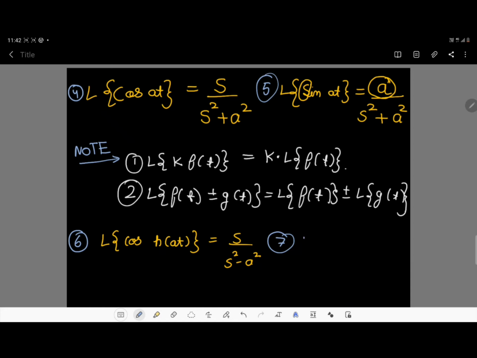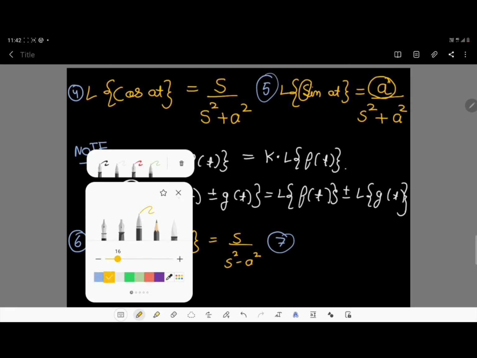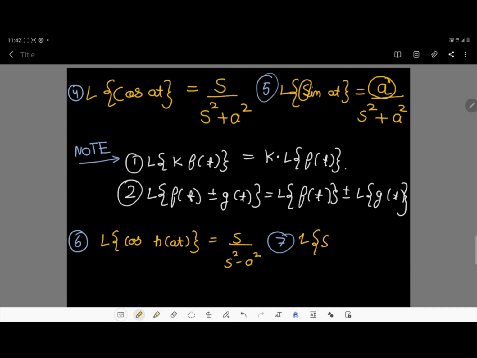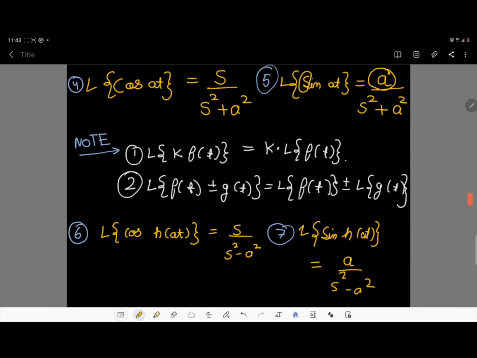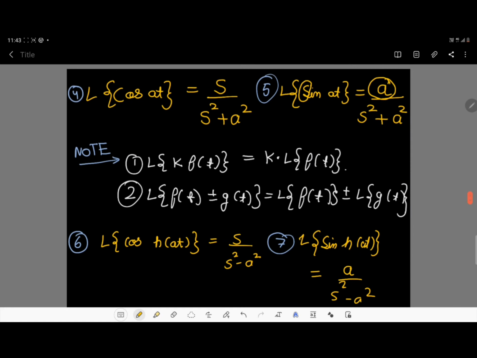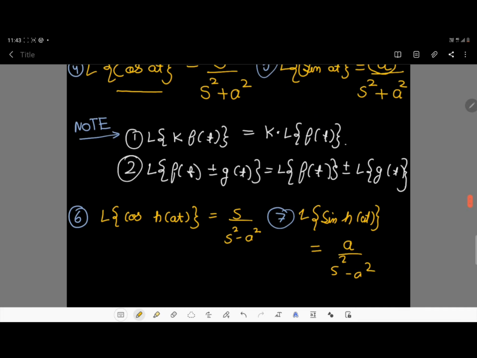You might predict it. Sine hyperbolic at is equal to a upon s square minus a square. You can observe that in the normal trigonometric case, a plus is there in the denominator, but in the hyperbolic case we are putting a minus here, and here also.